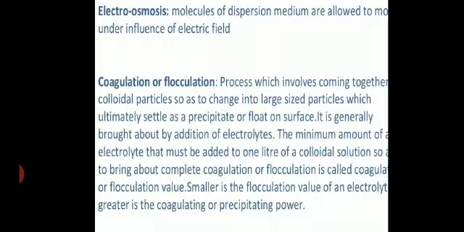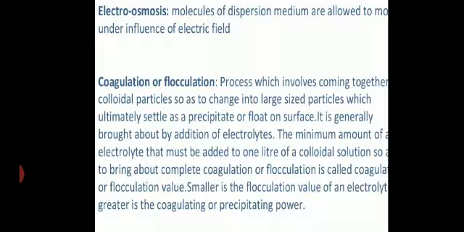If you take lower concentration, it can be reversed by shaking. But if you take higher concentration, it cannot be reversed by shaking. When the concentration of the electrolyte added is low, the process is known as flocculation. Coagulation or flocculation can be brought about by addition of electrolytes.